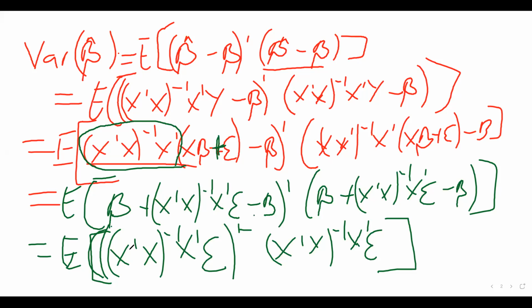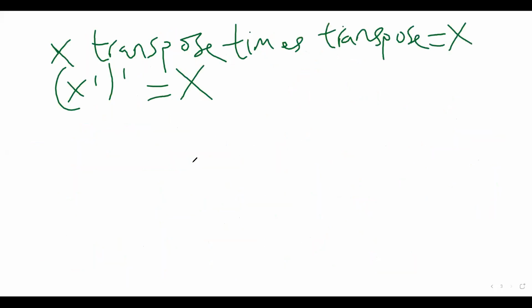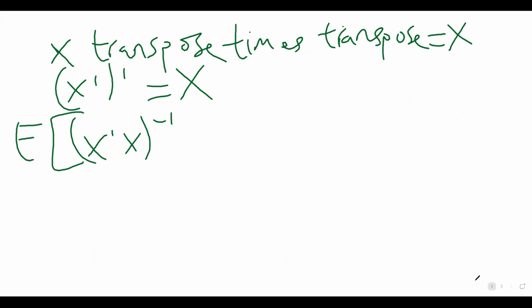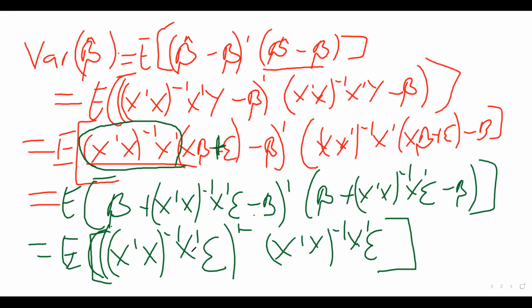So eventually, we are going to have the expected value, the variance is equal to the expected value of (X'X)^-1, because I told you that nothing will change in the first part. And then you are going to have, and I'm going to go back here, just watch, X for this.